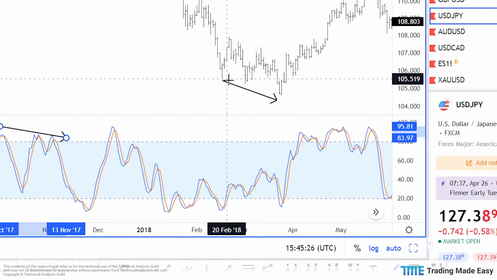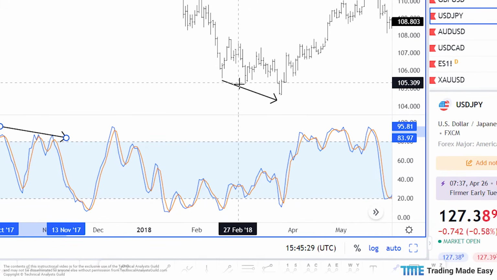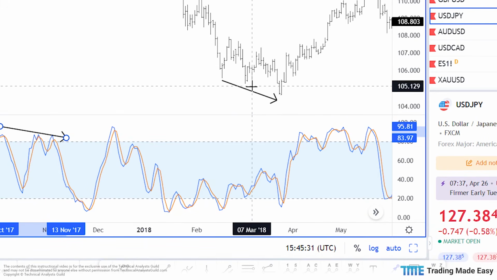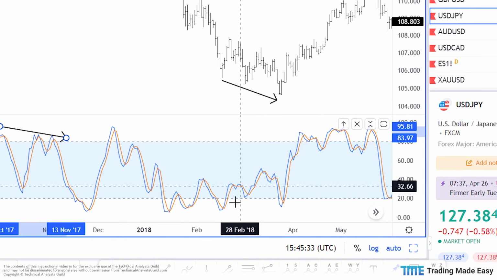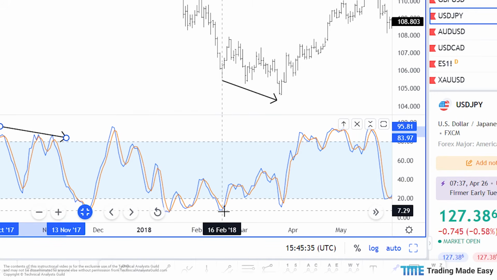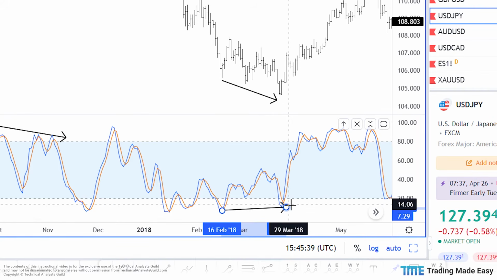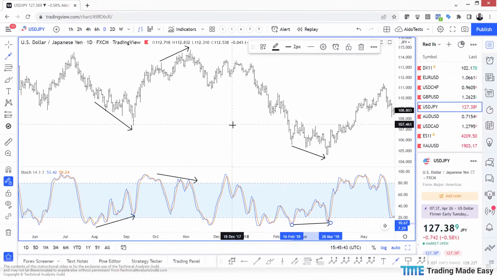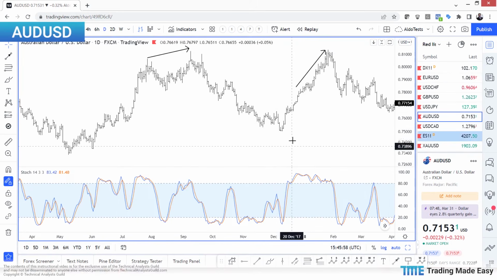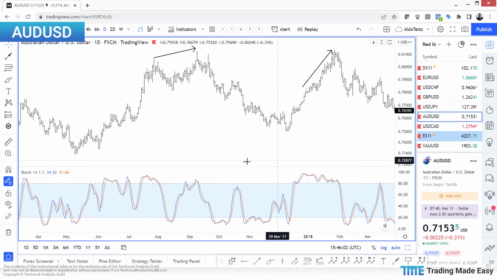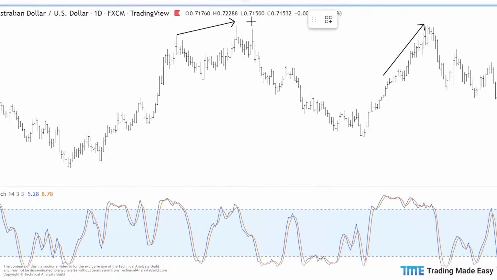Okay, and here we have another example where prices are moving down, making newer lows, whereas the indicator does not appear to do the same. In fact, the indicator moves slightly up. Okay, and one more example for you. So another currency. Well, right here we have prices moving up, right?